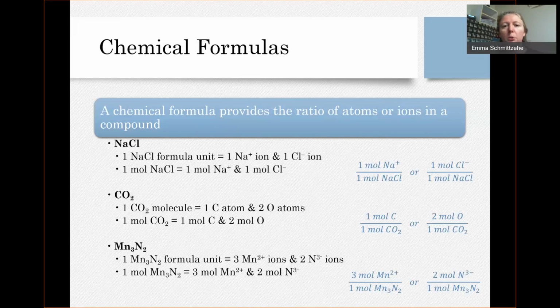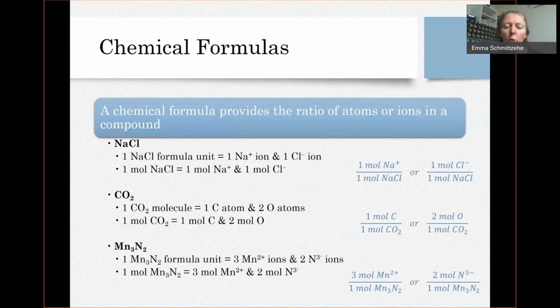You can convert between the formula units and the individual ions. Meaning if you know how many molecules of something you have, or you know how many formula units you have, you can use that quantity and use the chemical formula to calculate how many of the individual units are in there. So if you split up the molecules, how much stuff would you have?